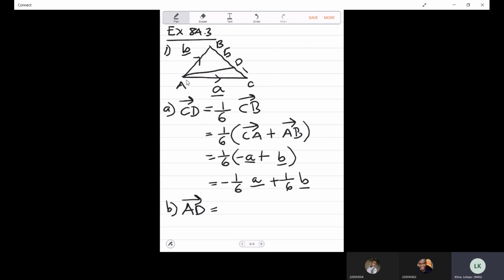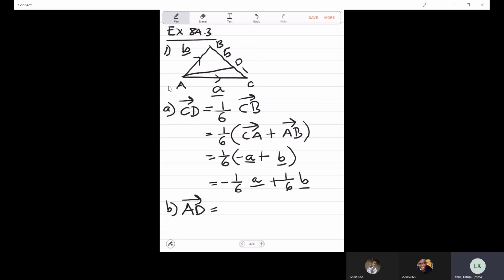Now AD, I'm going to start here and I go to D. If you think about it, I can go from A to C and then use the path that I got in the previous question, which is CD. So what I do is I can go from A to C, and then I add the distance of C to D. This one I want us to try in 2 different ways and see if we will get the same answer.